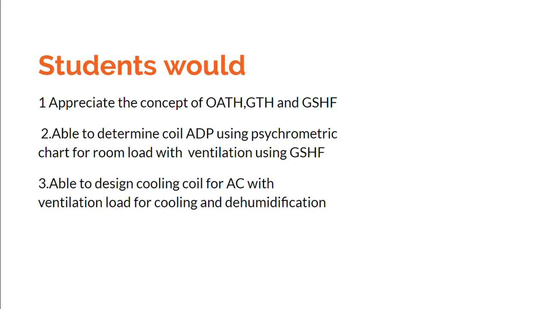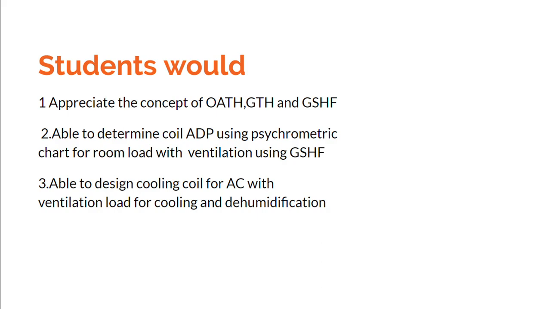For example, the concept of outside air total heat, grand total heat, and what is known as grand sensible heat factor. Remember, grand sensible heat factor is different from room sensible heat factor, G for grand. All these terms would sound very funny, but they are nevertheless important in the design of AC system.